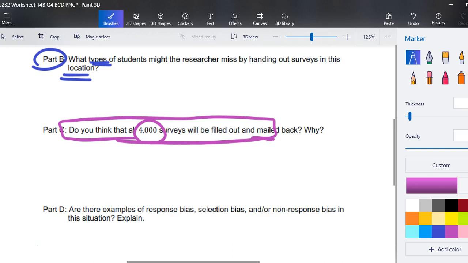College students do not use snail mail very often, and they might not even have any stamps. That's an additional step, and they're not going to mess with it. They're more likely to text than to mail something. And also, there's no incentive to return the survey.